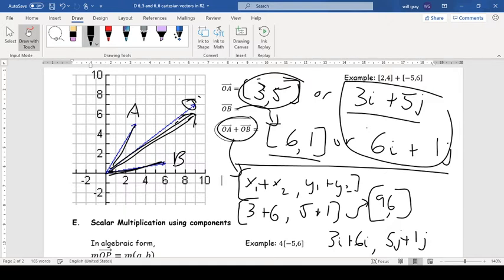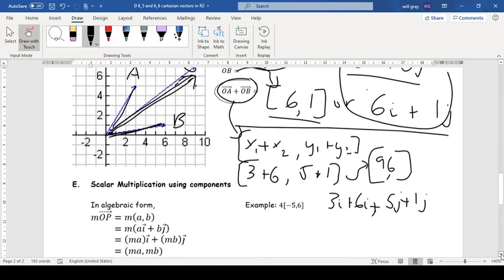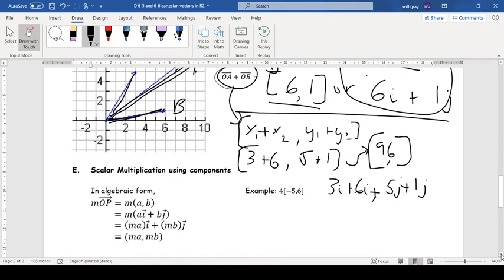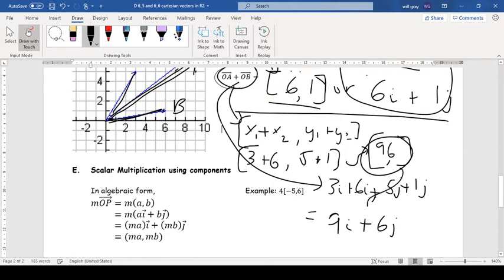We wouldn't actually put a comma there, we'd put a plus, because we're treating them almost like algebraic expressions, using i and j as the standard basis unit vectors for the x and y directions. So we end up with OA plus OB equaling 9i plus 6j, and that is exactly the same as the vector written in component form.